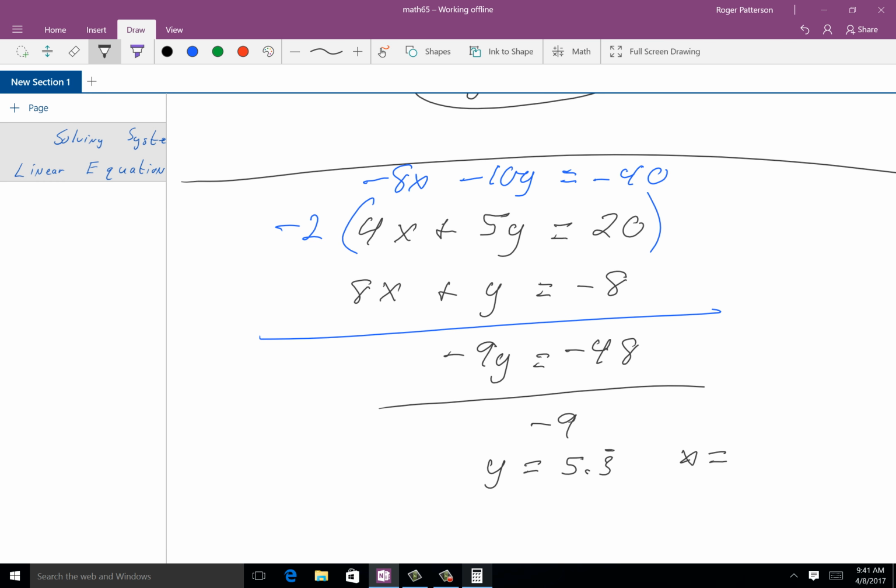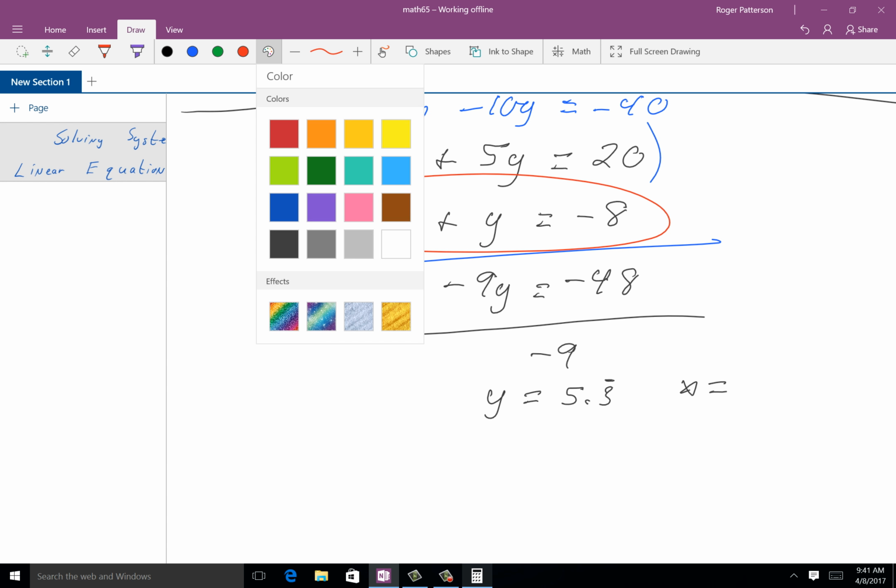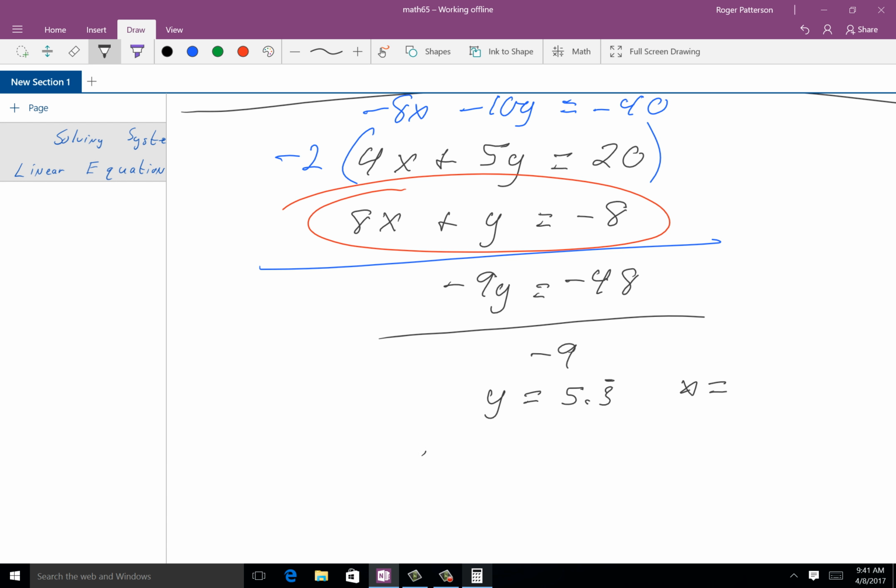Okay. I got 3 equations to choose from. Maybe I'll pick this one, only because it has a y by itself. So 8x plus 5.3 repeating equals -8. Going to subtract this 5.3 repeating. -13.3 repeating.